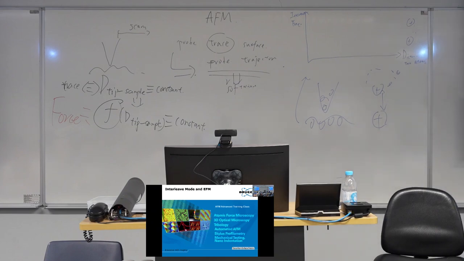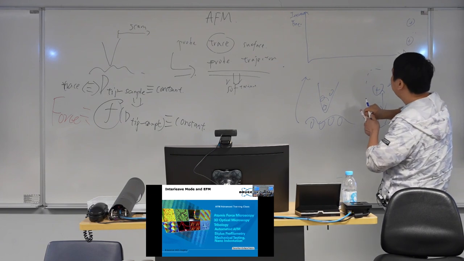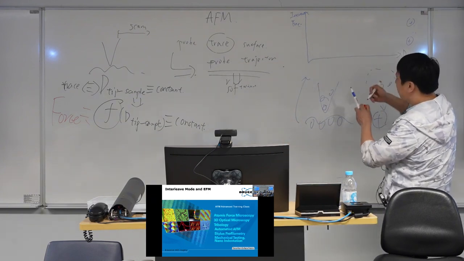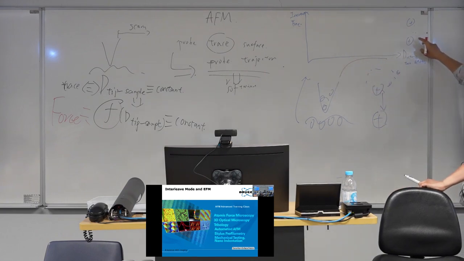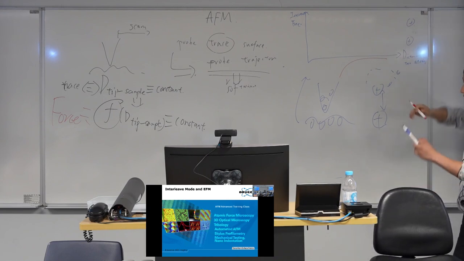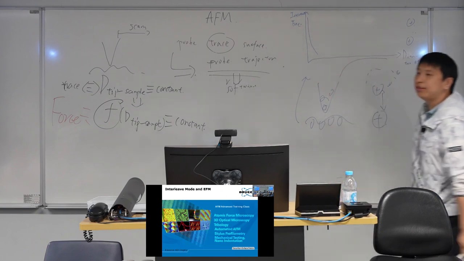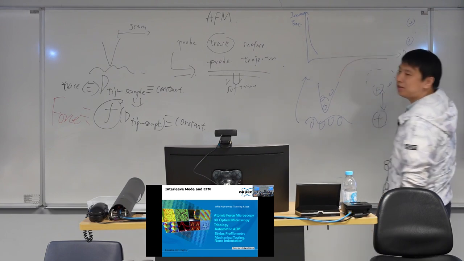Once they get closer, it will sense, let me use the red pen, an attraction between the nucleus and the electrons. And once it gets even closer, it will definitely add a repulsion. That's the interaction force between two atoms, right?